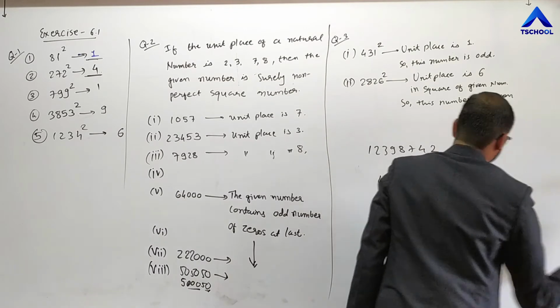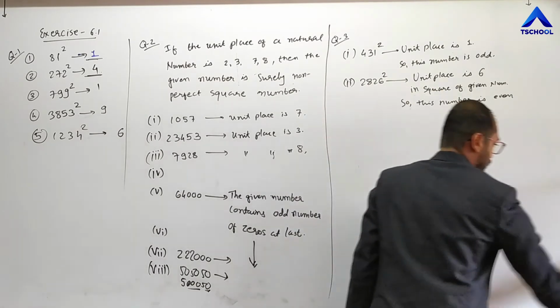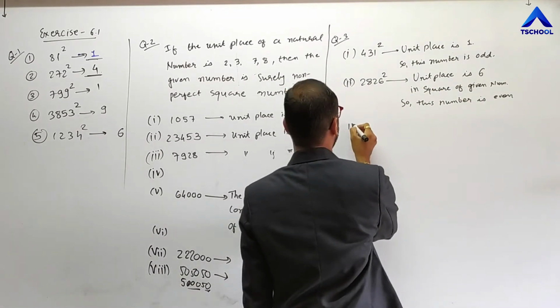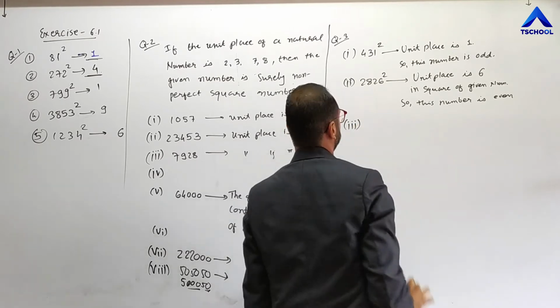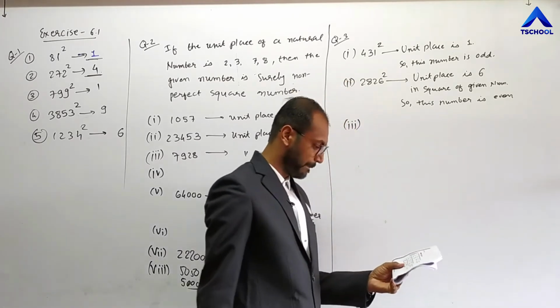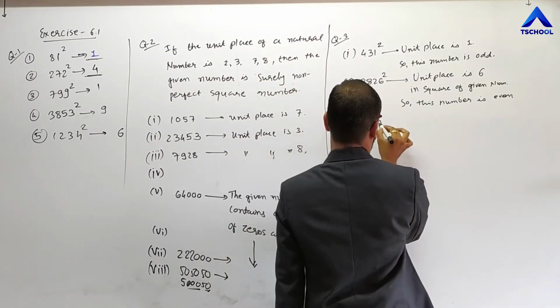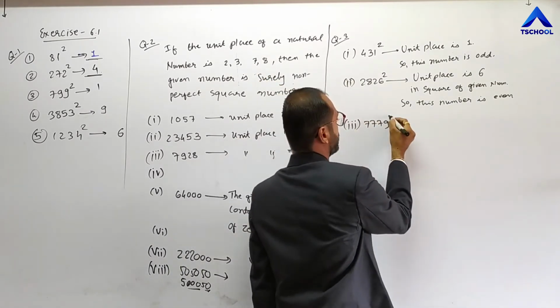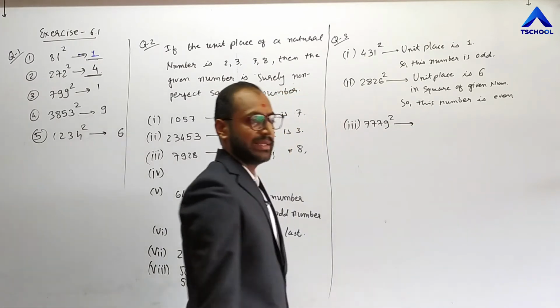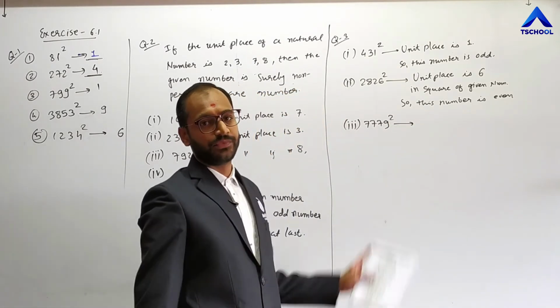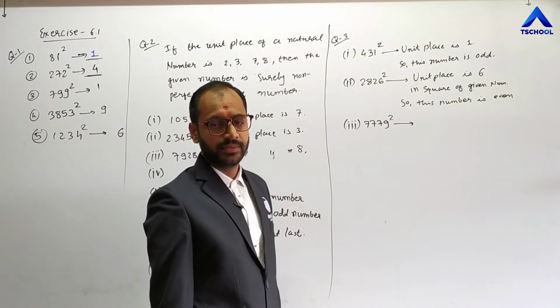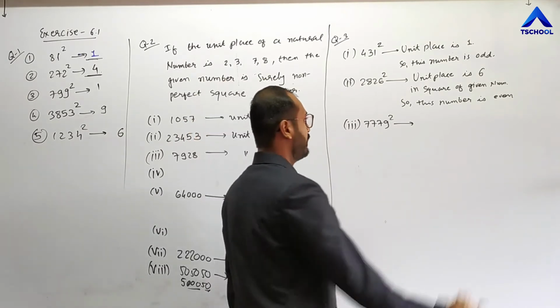Similarly, if I take the third value, 7779, what is the unit place digit of the square of the given number? It is 1, as we have studied.